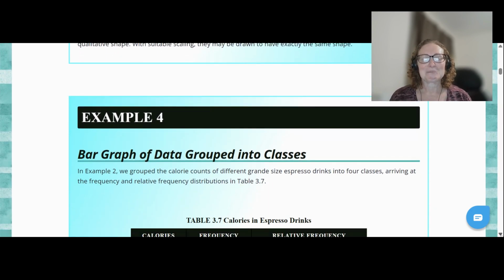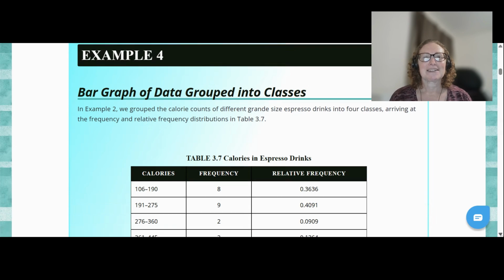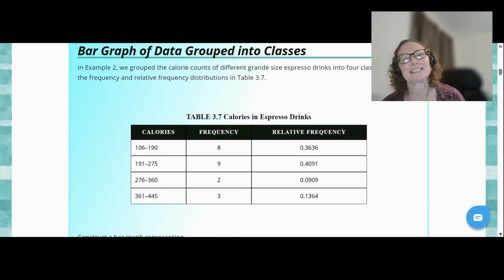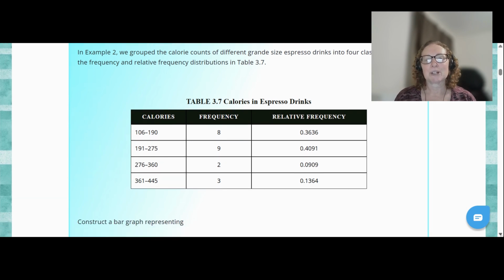Okay. So we can do the same thing with the group data. Again, we're talking about our calorie-ridden, yummy espresso drinks, and we have those in our 4 categories that we made. And we have our relative frequencies.